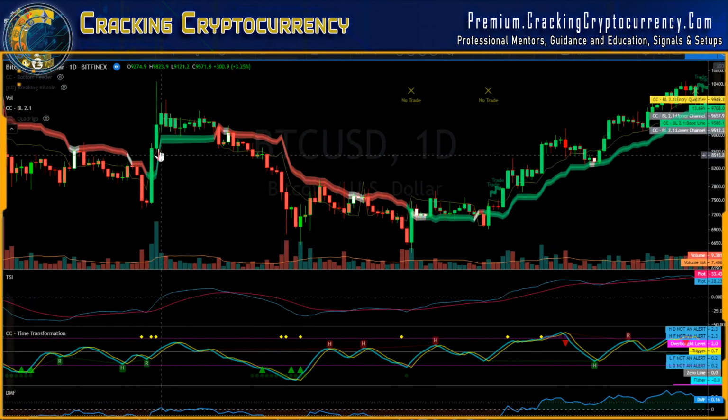And we have this Jericho candle pump. And let's actually see how this thing would have done, particularly. So we would have gone short here. It's the 24th.